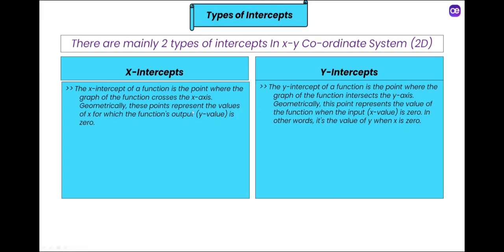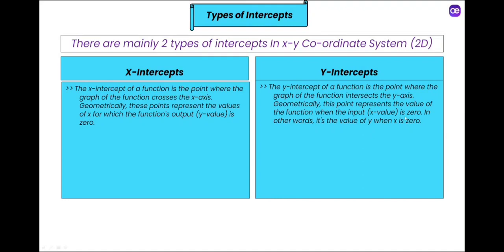Geometrically, for x-intercepts this point represents the values of x for which the function's output y value is 0. And for y-intercepts, this point represents the value of the function when the input x value is 0. In other words, it is the value of y when x is 0.